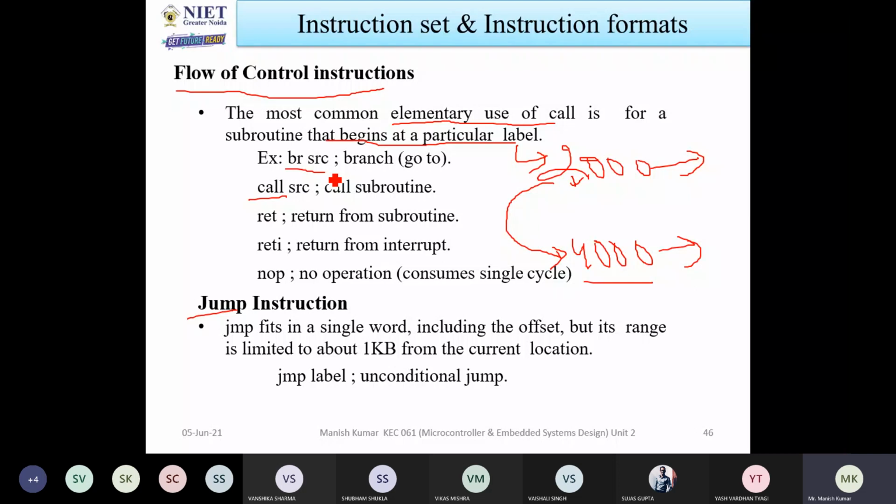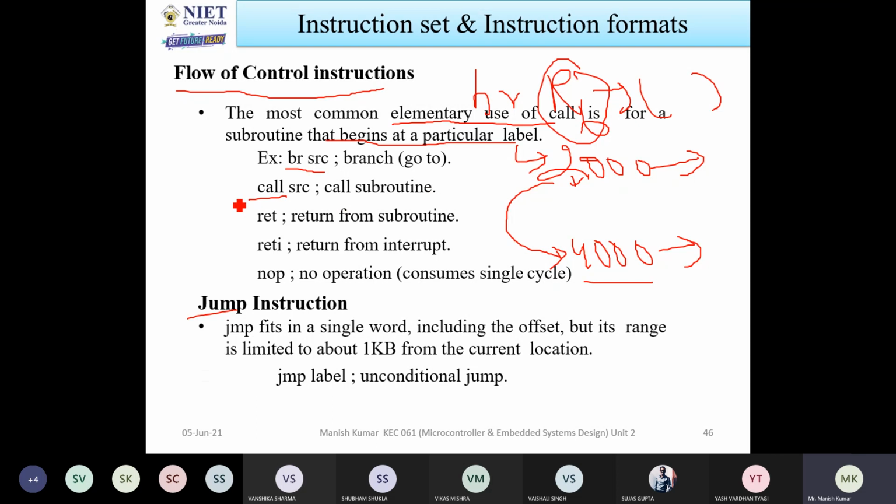So whatever register is given in the instruction, it will go to the particular address. Like if we write BR R6, it depends upon the R6 value which location it has to go. तो R6 के अंदर जो भी एड्रेस रहेगा that particular एड्रेस पे वो चला जाएगा.